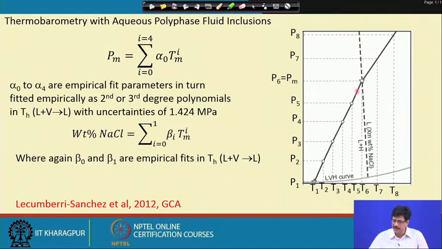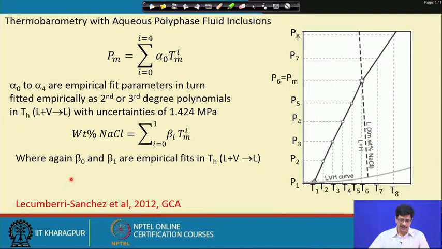So, corresponding to T6, the change in the volume of the host crystal, and then the total amount of weight percent NaCl equivalent could be calculated on the basis of the dissolution of this halite crystal. Some crude methods were devised from which, using standard tables of volumetric measurements and experimental data, a value of the vapor pressure could be obtained, because this pressure also will be the vapor pressure at the dissolution of halite corresponding to the temperature T6.